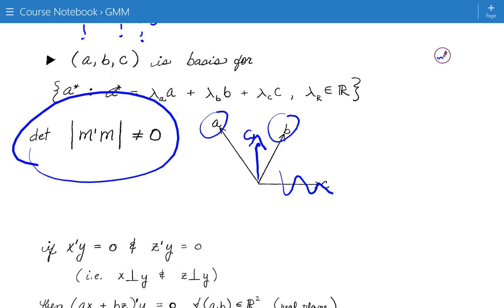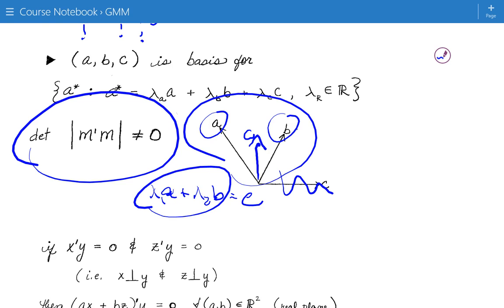And that's going to generate the determinant actually equal to 0, and that is one way to determine whether or not the set of vectors constitutes the basis for the number of dimensions that correspond to the number of vectors. In this case, it would not be, because some linear combination, lambda 1 A plus lambda 2 B, would equal C. So really there's a two-dimensional space in what I drew here.